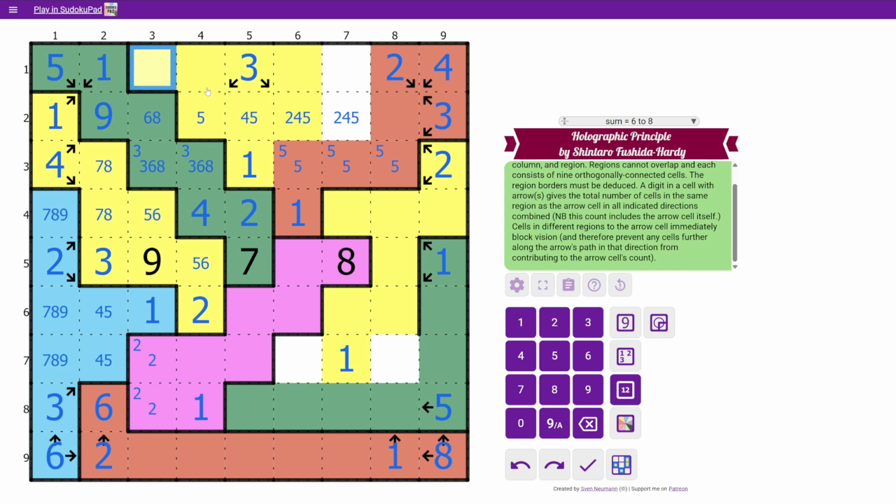This is a 6, 7, or 8. A 2 in green. Two could go there still. Yeah. Okay.